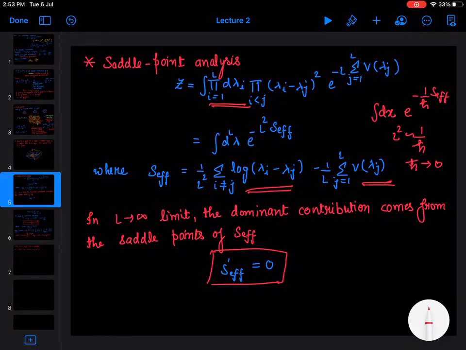Okay, but in a given problem, your L is fixed, right? That is fixed by the number of loops. No, I mean, if you're taking say QCD and you say that your gauge group is SU(3), then your N is fixed, and then the calculations will be very complicated.